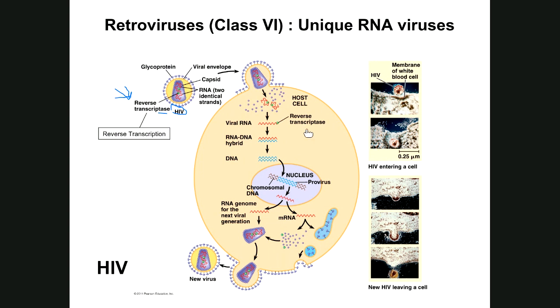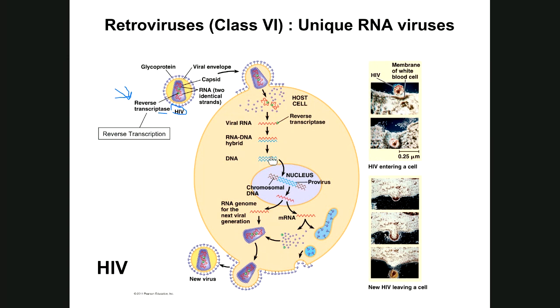So with the help of reverse transcriptase prepackaged into the HIV, this enzyme helps catalyze the reproduction process by first taking its own viral RNA and reverse transcribing it into single-stranded DNA, handing it over to the host cell so it can replicate a complementary strand.